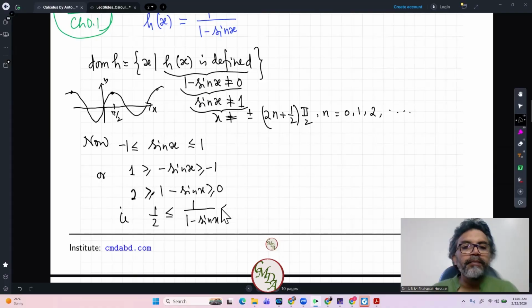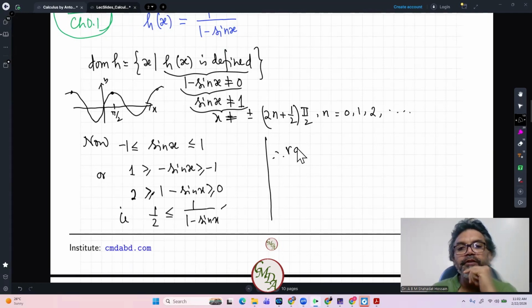So we have this, and this value must be greater than or equal to half. So we cannot write this less than this. So we have that means so we have the range.